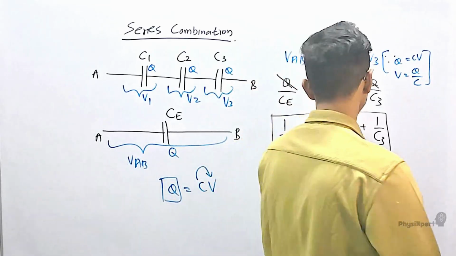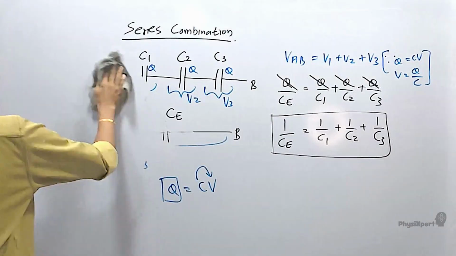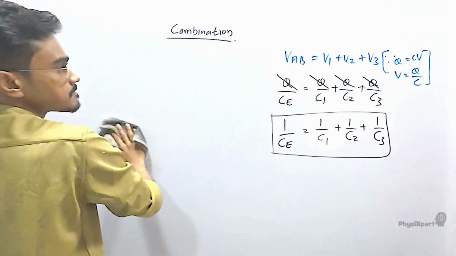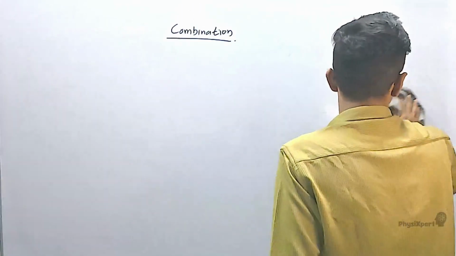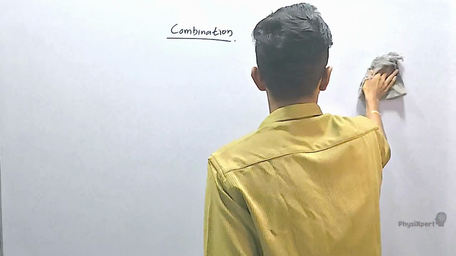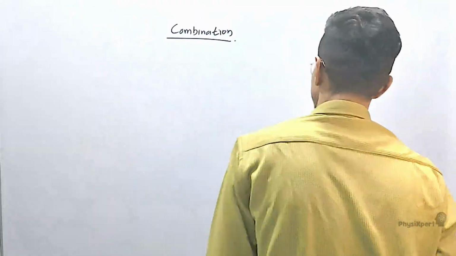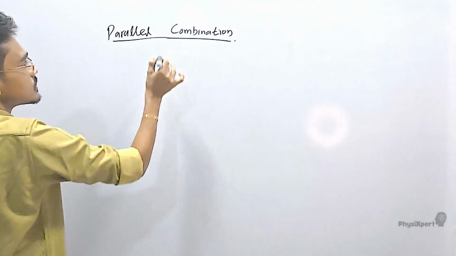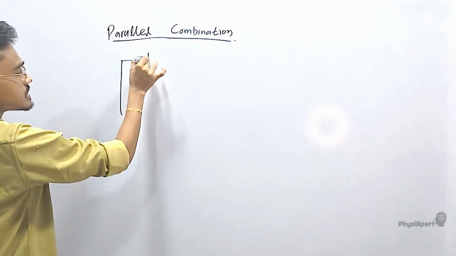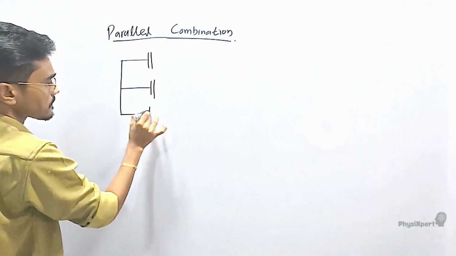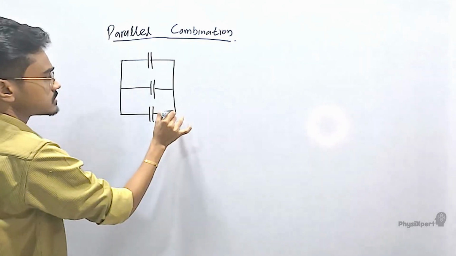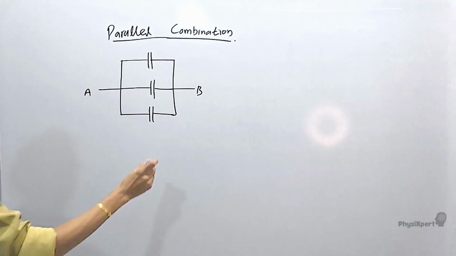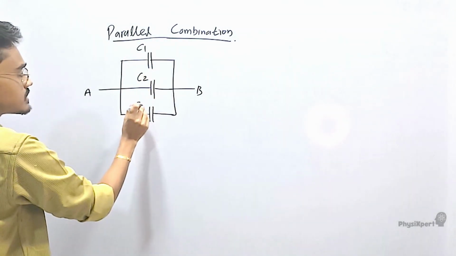Now let's see the parallel combination. Let's consider these three capacitors in parallel, connected between A and B. Let's say they are C1, C2, and C3.